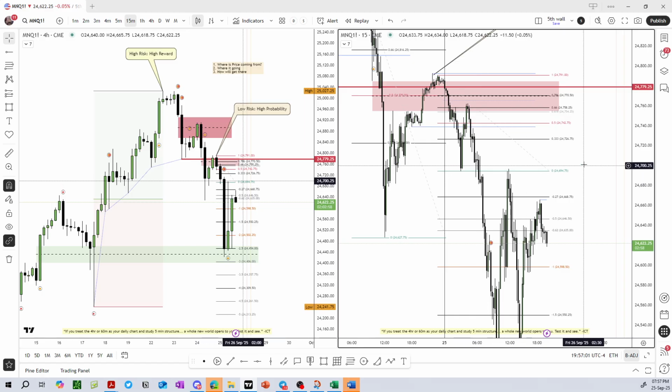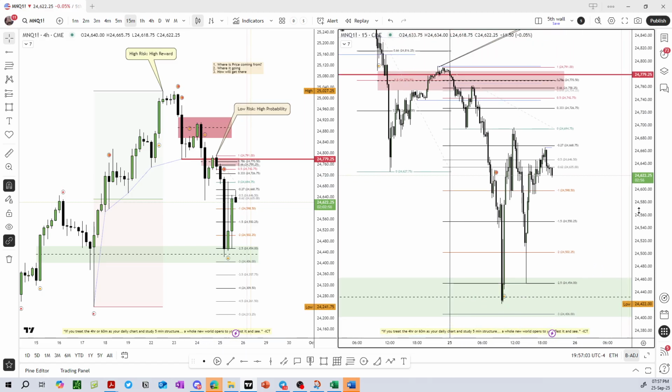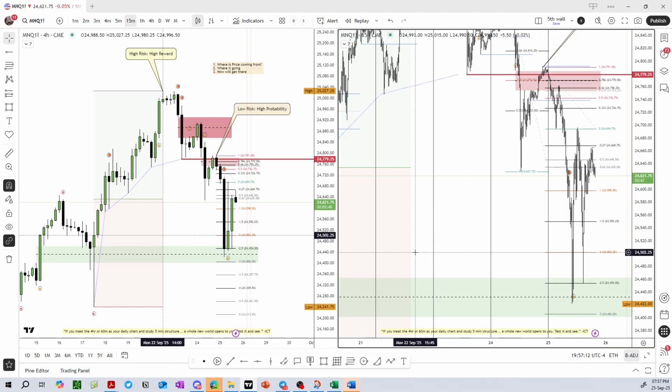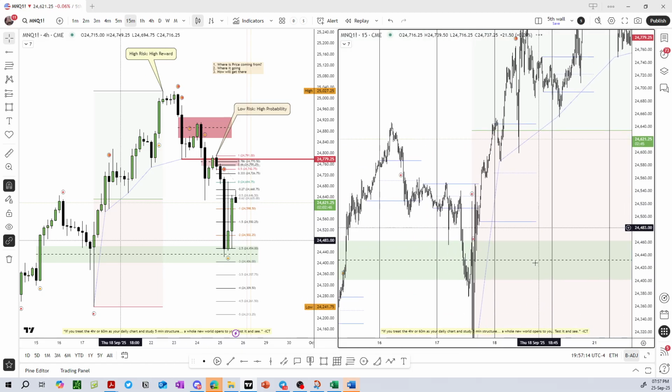It just bled out. Continue to bleed out. You got your 2 standard deviations, 2.5 into the consequent encroachment of this 4-hour fair value gap. If you don't like that, then you could probably look inside way over here.